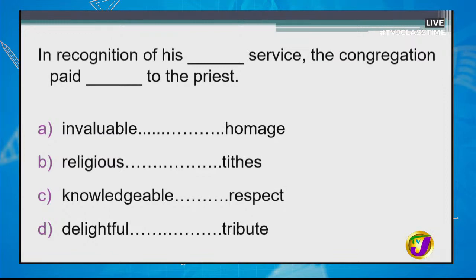Second pair, religious and tithes. Third pair, knowledgeable and respect. Fourth pair, delightful and tribute. Now remember, when you have a double whammy in front of you, you can't just look at which word might fit one part. You have to look at if the corresponding word fits the other part.